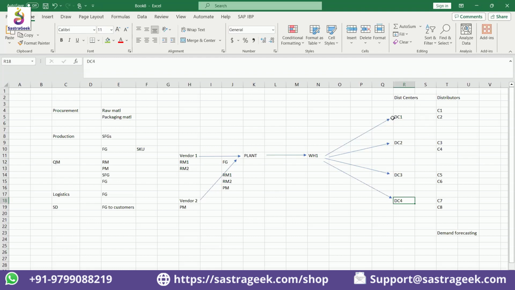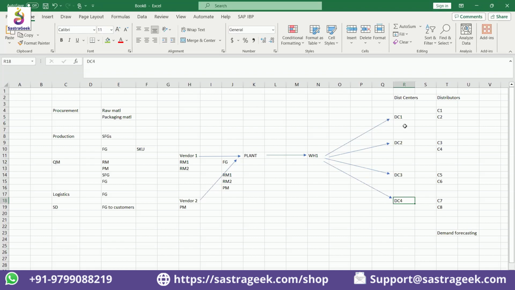So far, within an organization, the demand planner's responsibility is to predict the demand at individual distribution centers, how much I should be able to sell to the individual customers. The demand planner's role ends there.